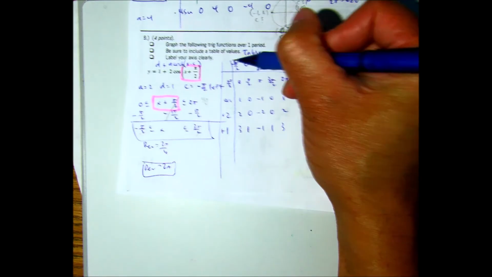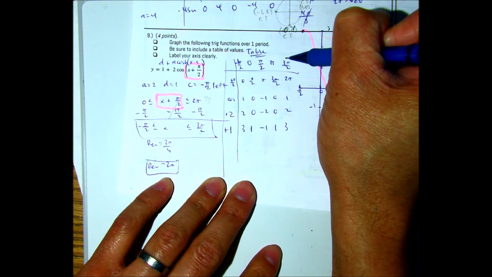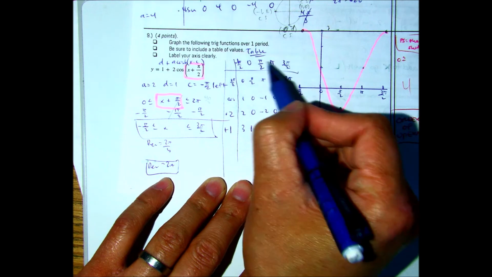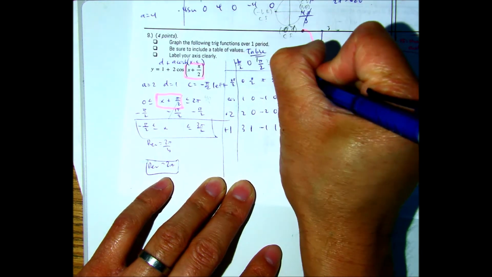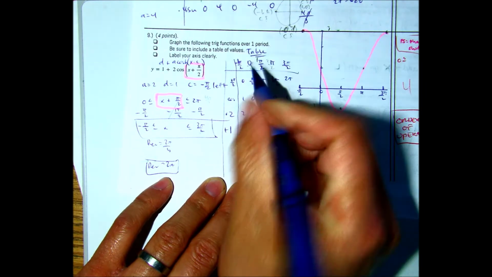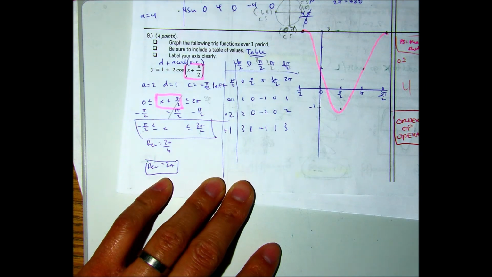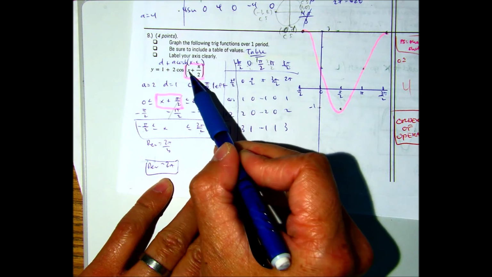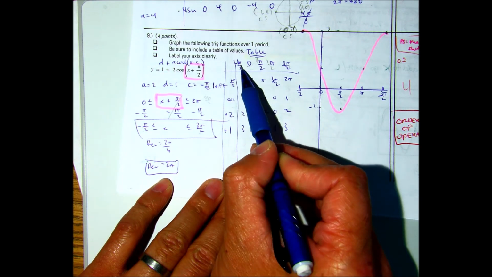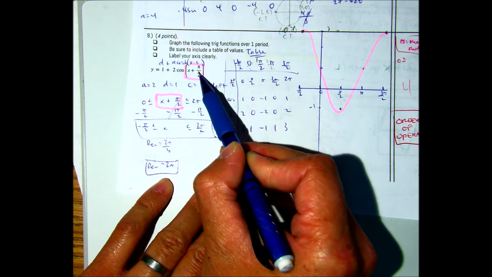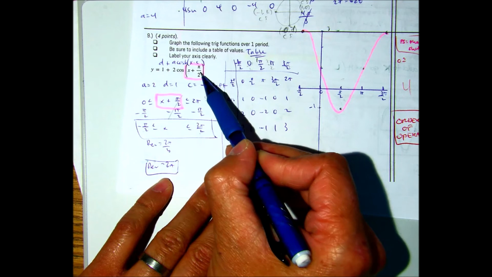Negative 1 plus 3 is 2, and 2 divided by 2 is 1, so 1 pi over 2. This is a 1, this is essentially a 2 pi over 2, and this is a 0 pi over 2. So you'll notice that you're just counting by ones. The first thing you're going to do is, inside, put your x values here: negative pi over 2 plus pi over 2 gives me 0. 0 plus pi over 2 gives me pi over 2.